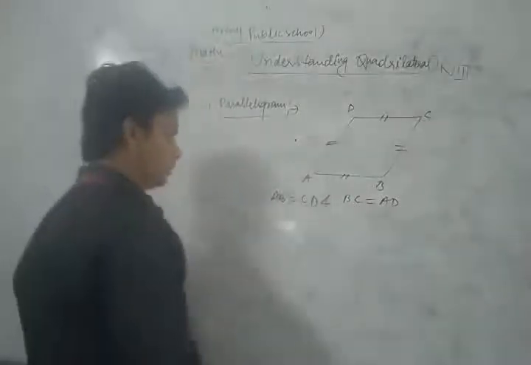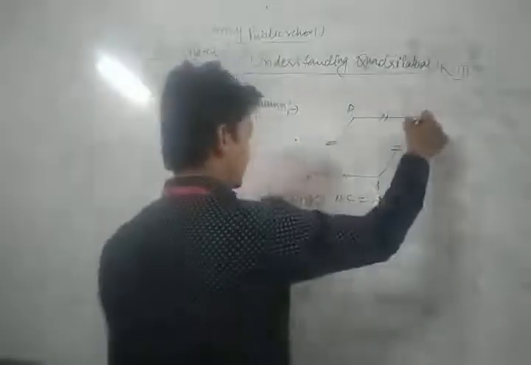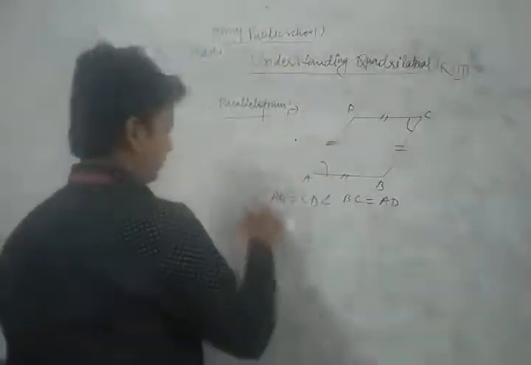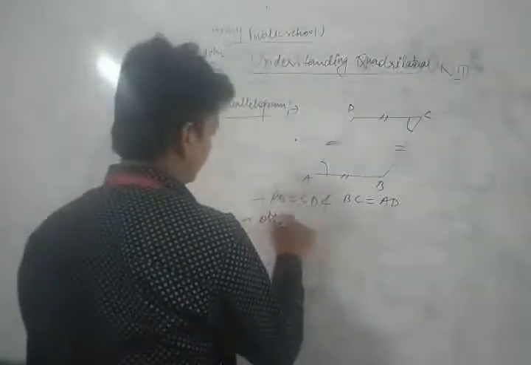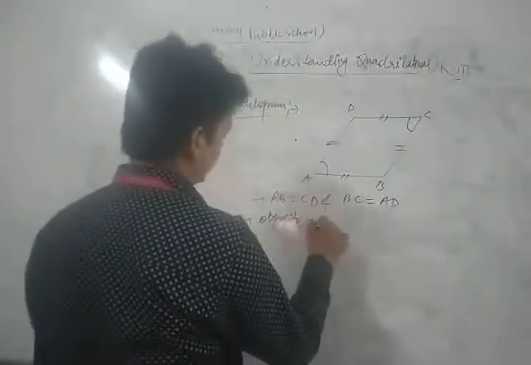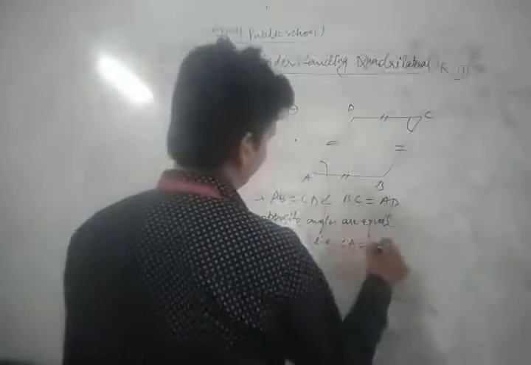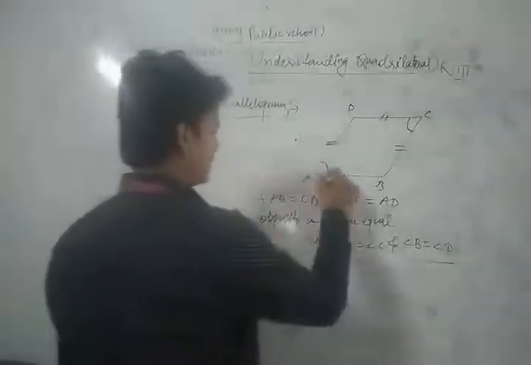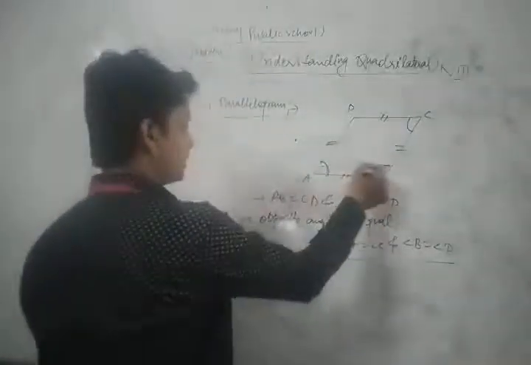And one of the most important concepts is that the opposite angles of the parallelogram are equal to each other. That is, angle A is equal to angle C and angle B is equal to angle D. Second, adjacent angles are supplementary, which means the sum of adjacent angles is 180.